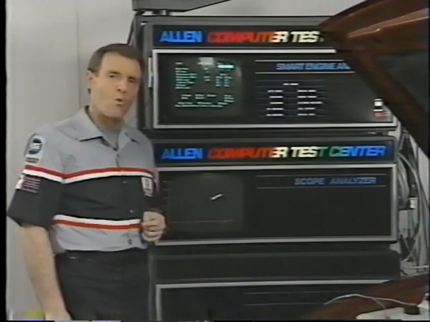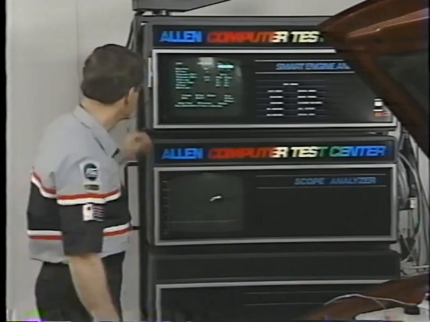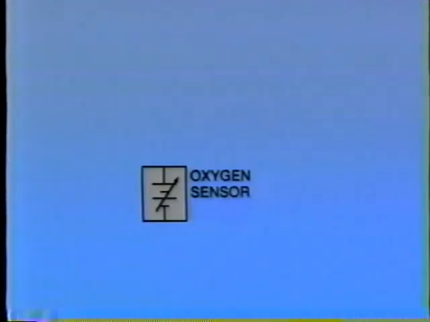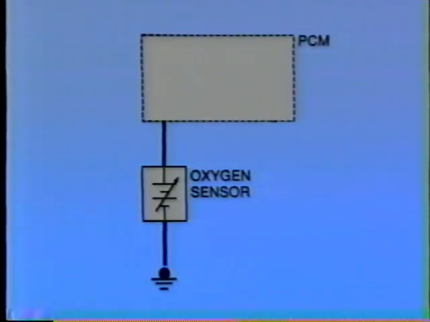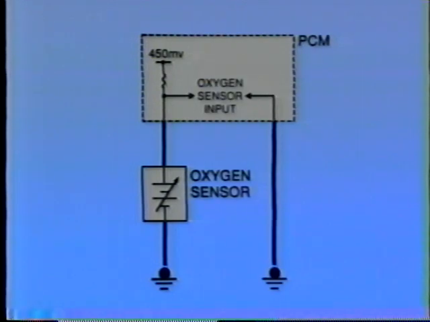We can see how this works by examining the circuit. The oxygen sensor is connected to the controller and to ground with a single wire. The controller applies just under 500 millivolts to the circuit, and then it monitors the circuit voltage here at the input.